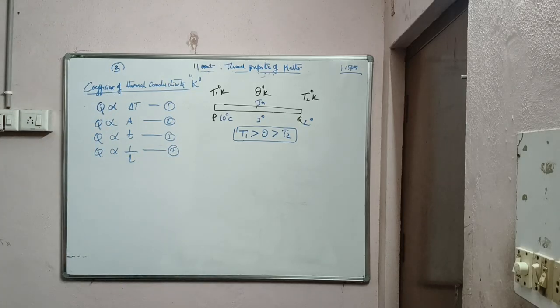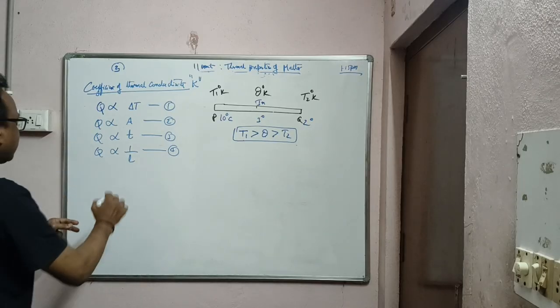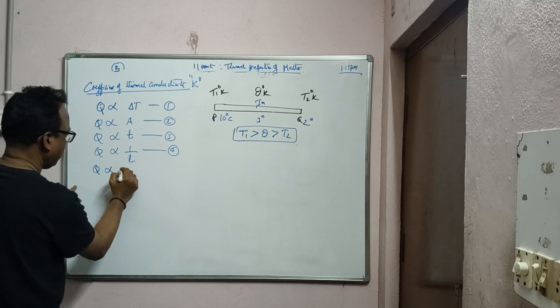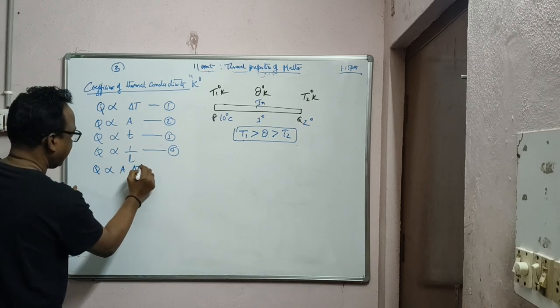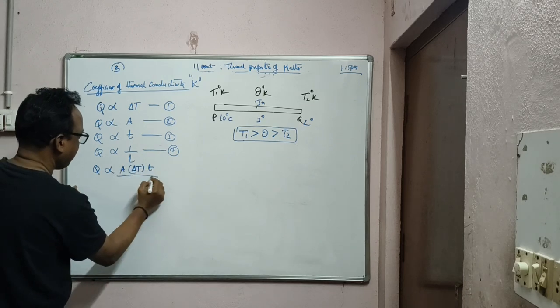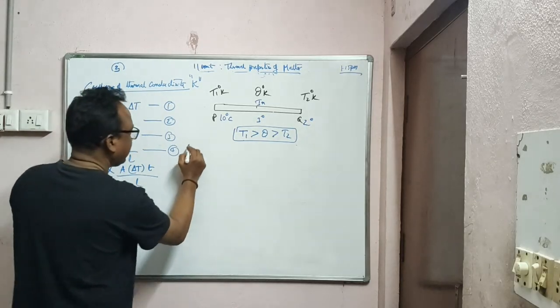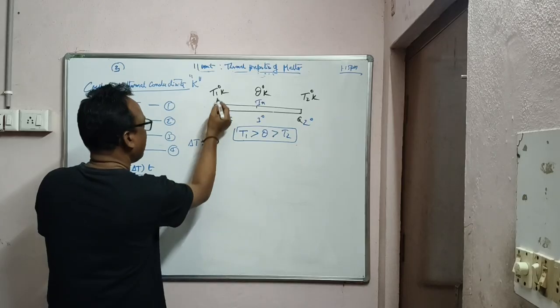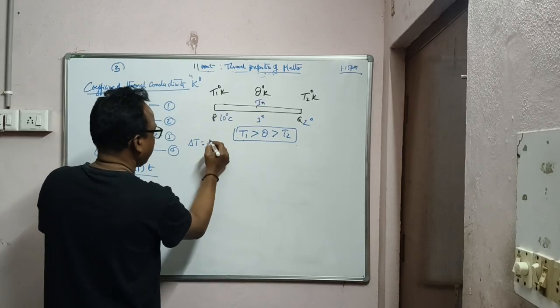These are the conditions for an iron or steel rod when heat is passing. Combining all, Q is directly proportional to A delta T t by L. Delta T is the temperature difference between the two ends, T1 minus T2.